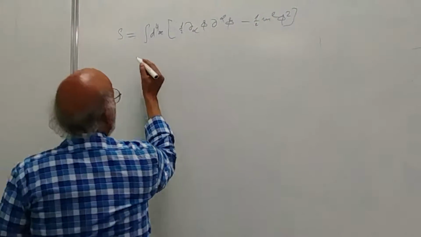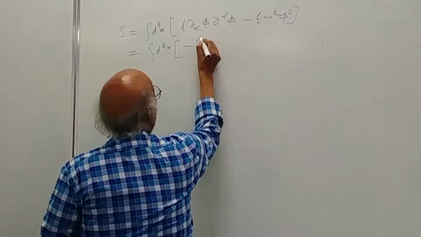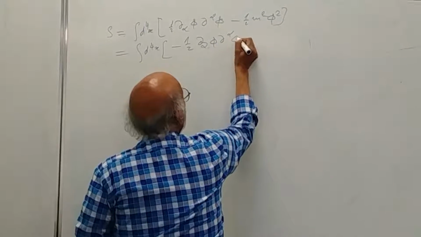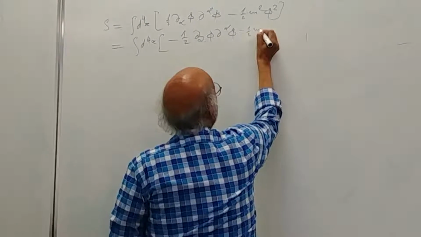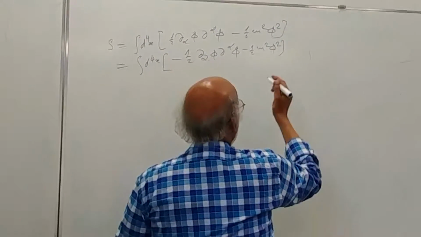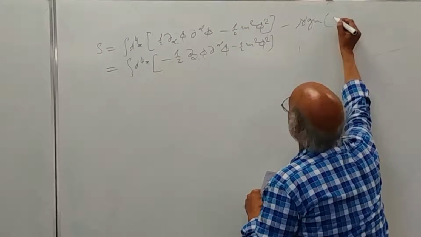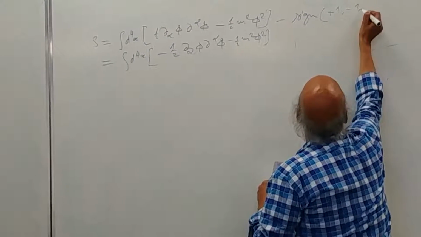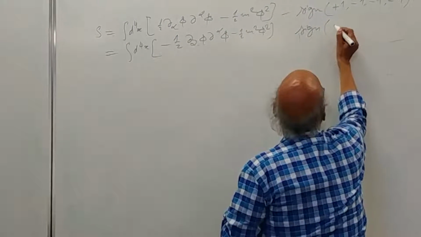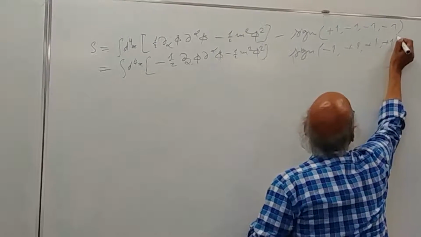And you would write the same action also as d4x of minus 1/2 del alpha phi del alpha phi minus 1/2 m square phi square. Here you are using the signature +1, -1, -1, -1, and here you are using the signature -1, +1, +1, +1.